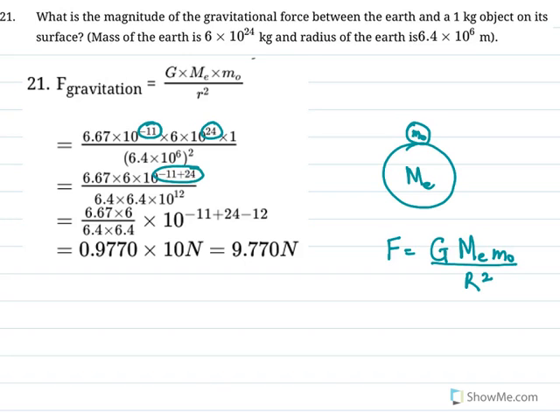So we put it together here, minus 11 plus 24. This is 6 into 2 becomes 12. Here again, this is minus 12 plus 24. And the plus 12 goes on the other side and becomes minus 12. And this is a calculation. So it will be 9.770 newtons.